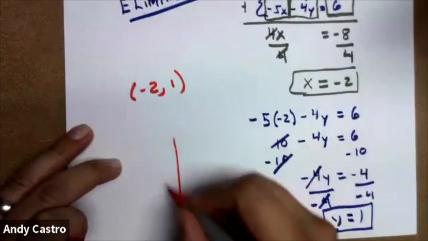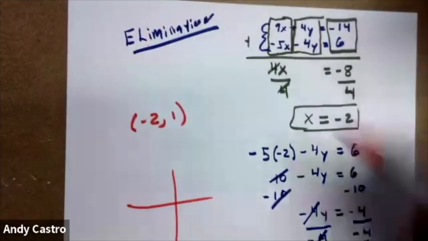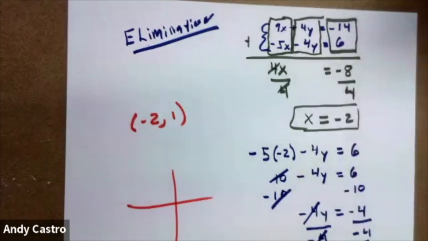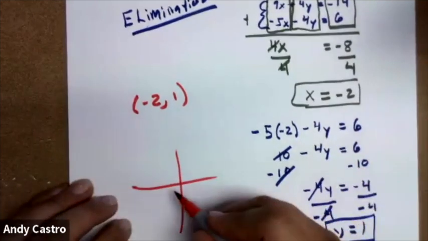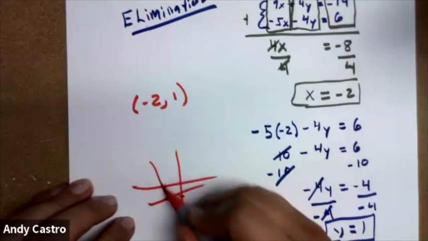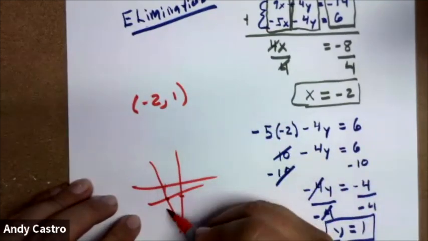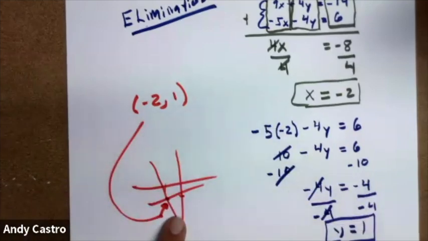So if I were to take these equations, transform them into slope-intercept form, and then graph them, what we would find is that I don't know what the lines look like, but I do know that the point of intersection has to be negative 2, 1.